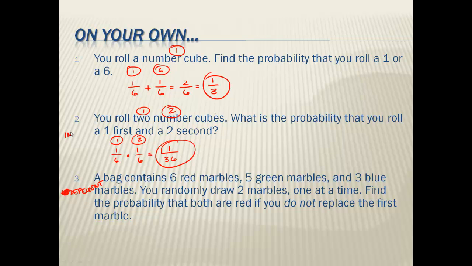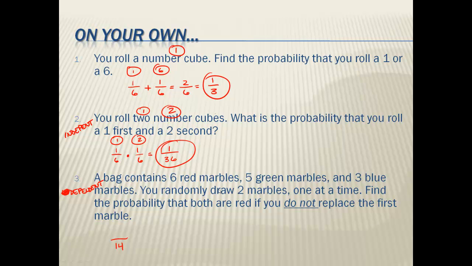This one was independent, and this was just regular old compound probability problem, you know, the real basic one. But, so, we've got 6 red marbles, 5 green, and 3 blue, which gives us a total of 6 plus 5 is 11, plus 3 is 14.